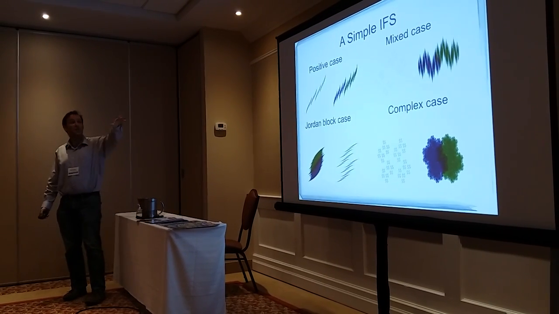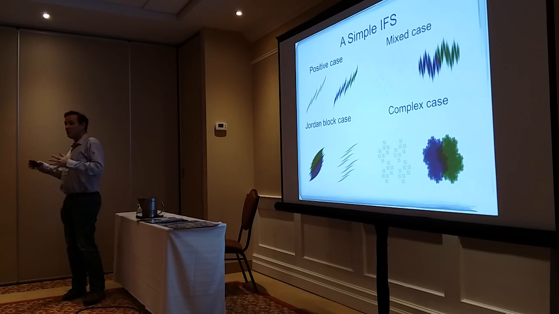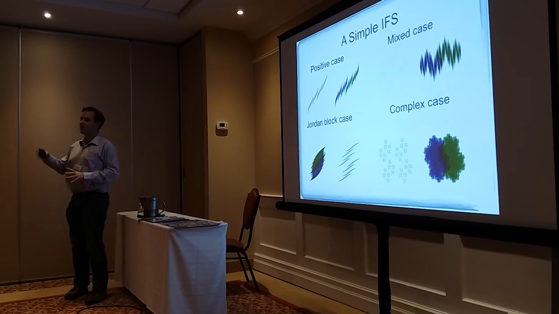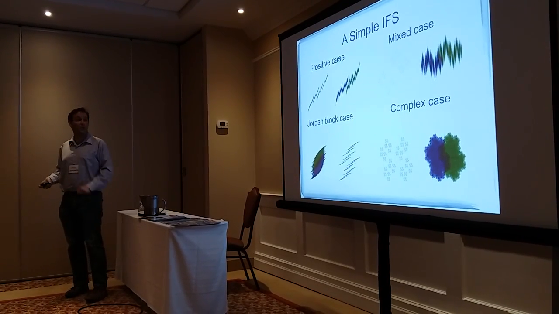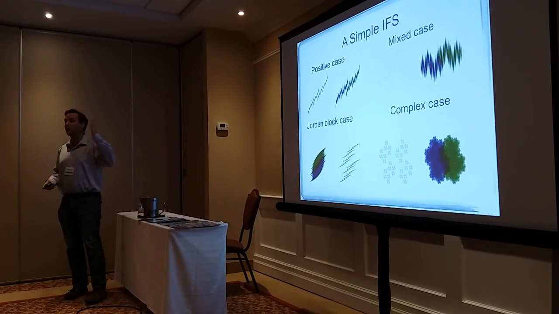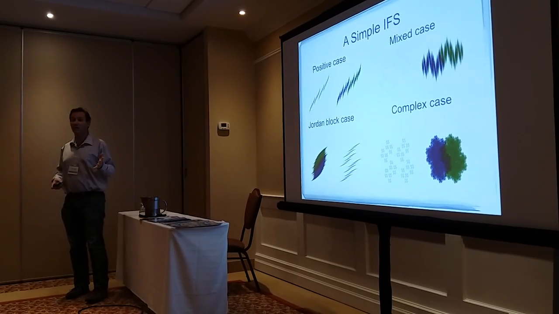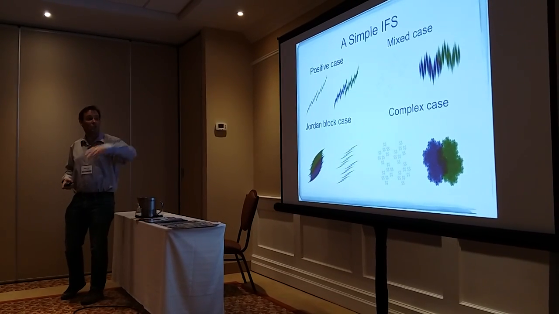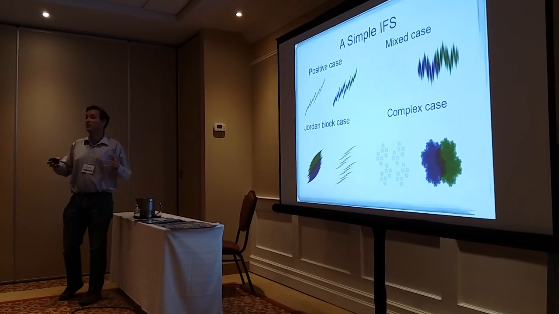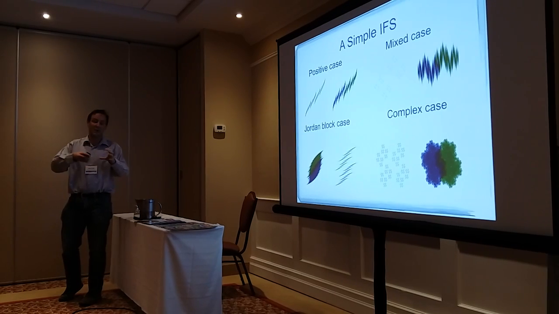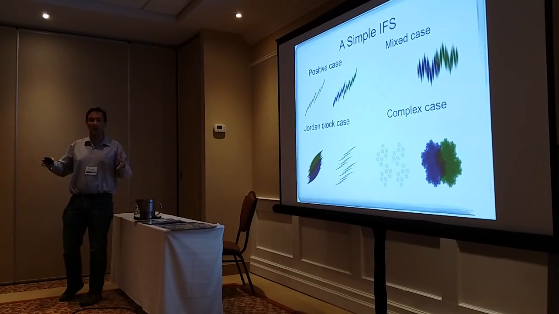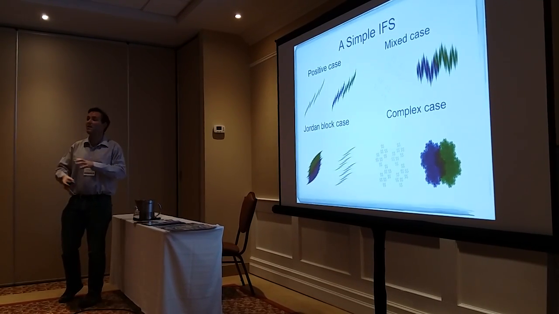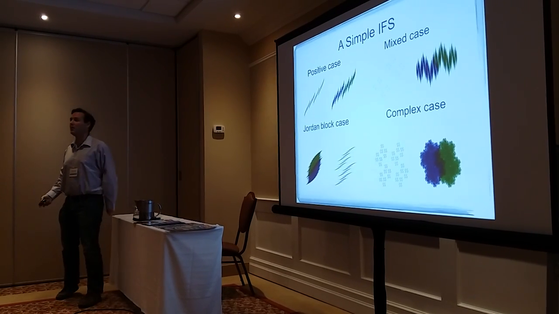In the mixed case and the positive case, by changing lambda and mu in various ways, we can get a lot of different objects. For the Jordan block case, you've only really got 1 parameter to play with, so you don't get that much. And for the complex case, again, I listed 2 different possible ones there. If the parameters are relatively small, you can get something completely disconnected. If they're relatively big, you've got something with a whole bunch of interior.